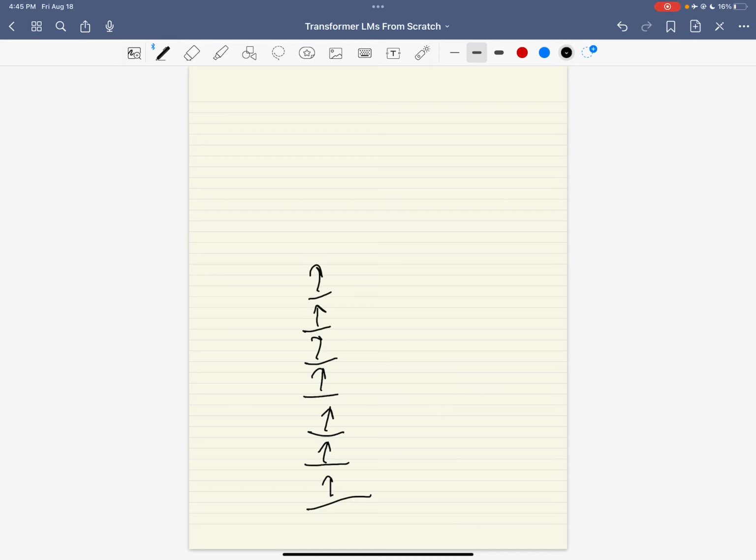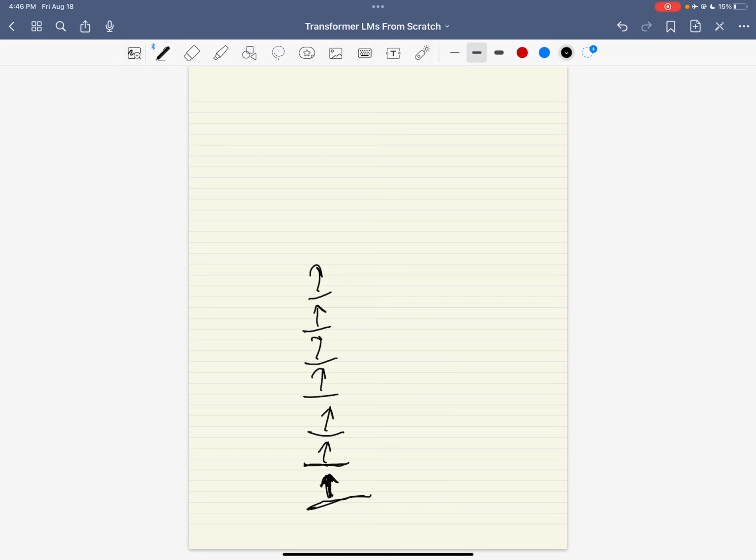What actually happens is that the output from each layer is the input to that layer plus the output from that layer. So the output here is the computation here plus the input.